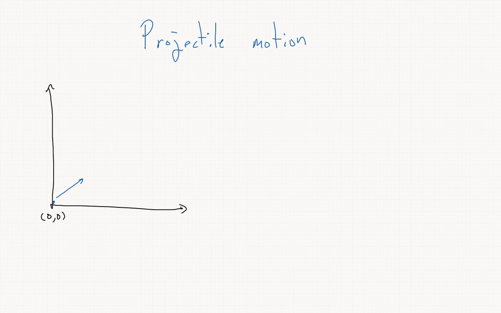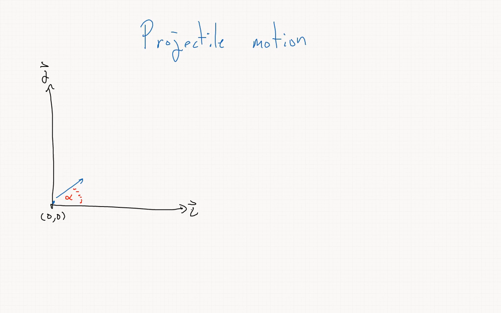It's going to be launched at some angle alpha, and I'm going to denote our unit vectors here by i and j. So i is horizontal motion parallel to the ground. j is a vertical direction. So this is a 2D instead of 3D situation.